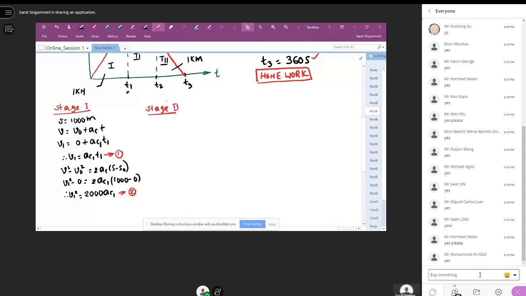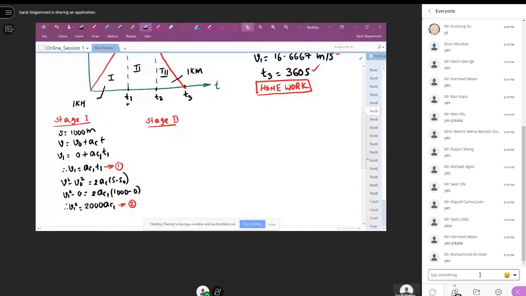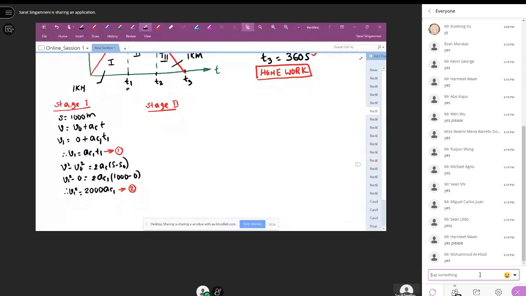Stage 2 is simple because it is only a constant velocity case. In the constant velocity case, the distance traveled at the start is 1000 because already 1000 meters was covered by the previous travel in the previous stage, and the final it is covering another 2 kilometers. That means the final S is 3000 meters here. AC is 0.